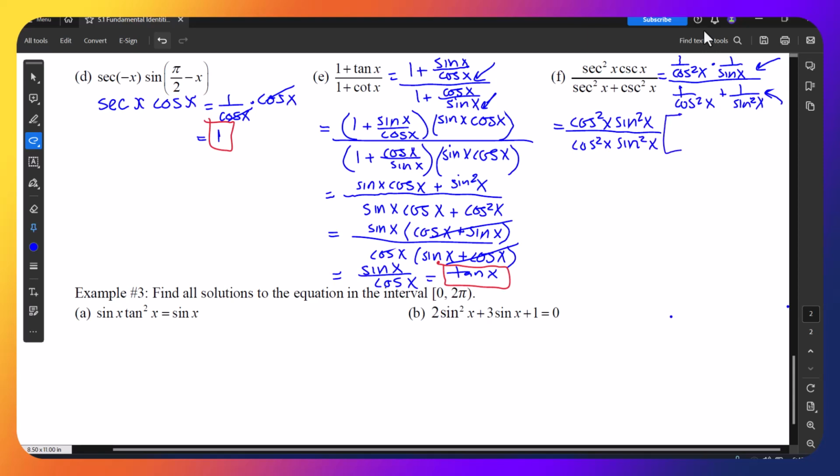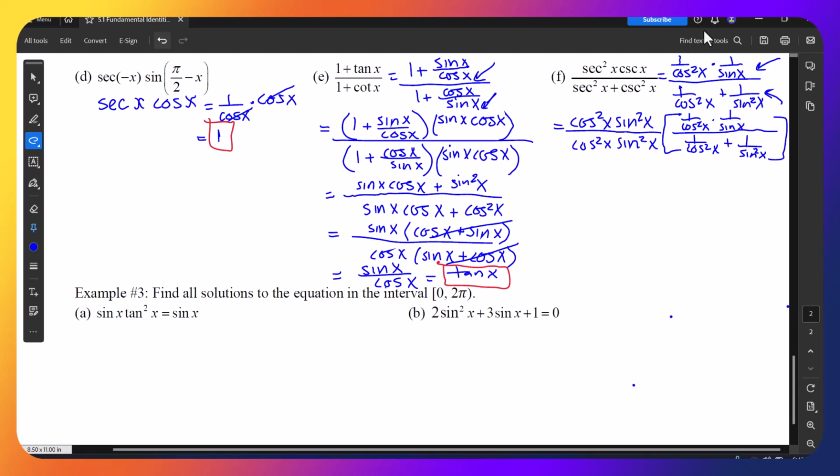And I'm going to rewrite the previous fraction over here: 1 over cosine squared of x times 1 over sine of x, divided by 1 over cosine squared of x plus 1 over sine squared of x.